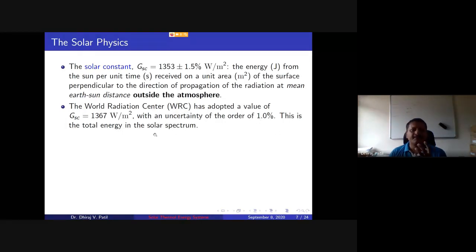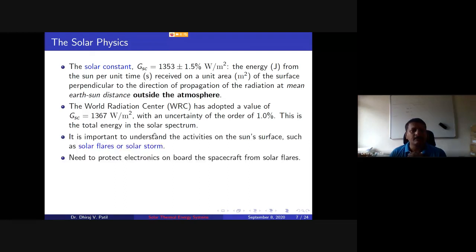This is the total energy available in the solar spectrum. The total energy available in solar radiation is this, but it is distributed in various spectrums. It is important to understand that various activities happen on the sun's surface, for example solar flares or solar storms.